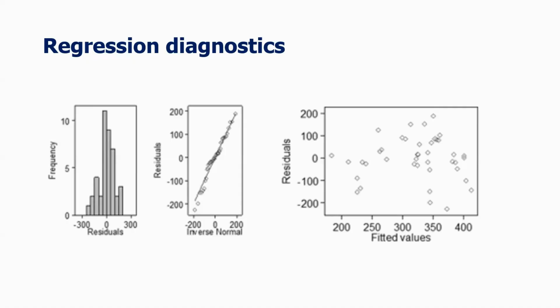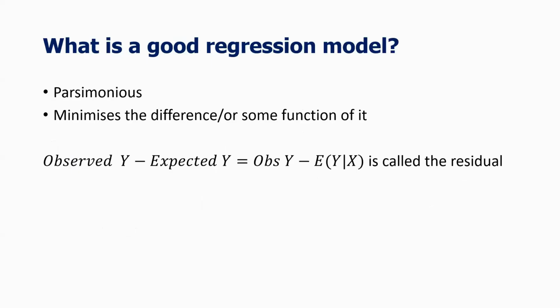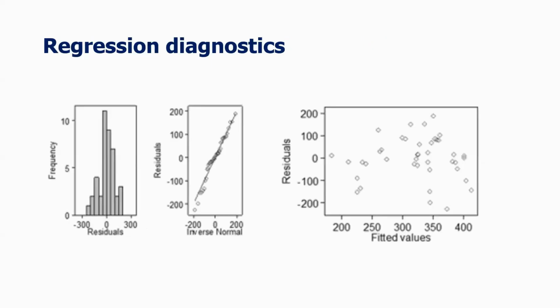Once you have done a basic regression model, let's say a multiple linear regression or a linear regression model, you can look at the residuals, which is the difference between the observed value of y and the expected value of y. And when you plot the QQ plot of this difference, it should be following the straight line. And that is when you know that your chosen multiple linear or linear regression model, or even the polynomial regression model, is a good model because the residuals follow a fairly normal distribution.